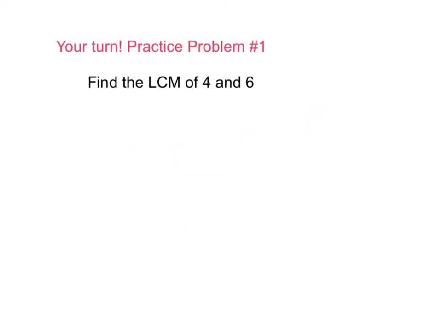Have an understanding of the least common multiple that you can now do this problem on your own. Feel free to pause and complete this problem. Sticking with my steps, I'm going to make a list of multiples of both 4 and 6. This one is tricky. Some students like to do 4 times 6 and say the least common multiple is 24, but that doesn't always work, and that's why I wanted to do this problem with you.